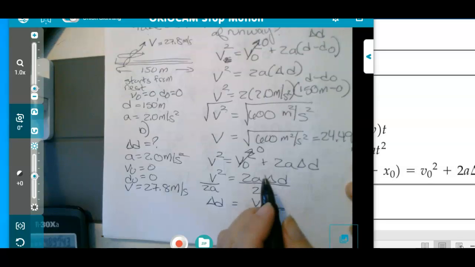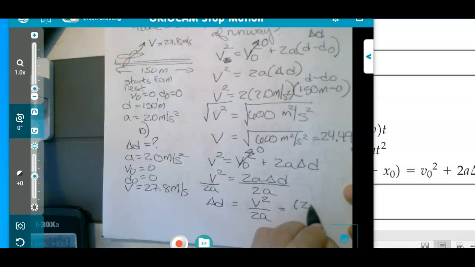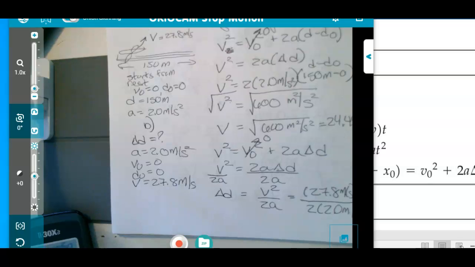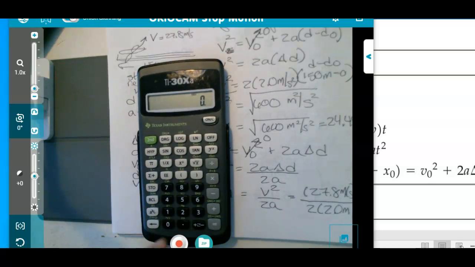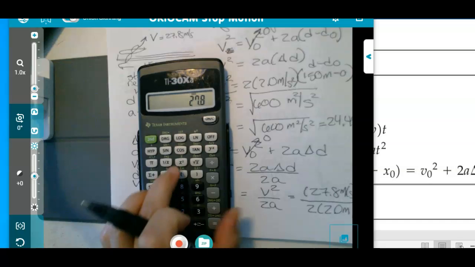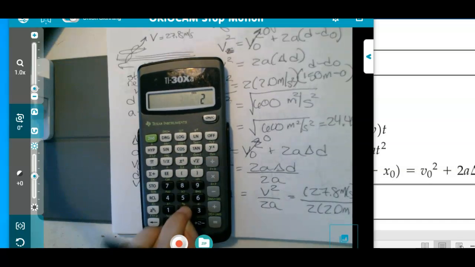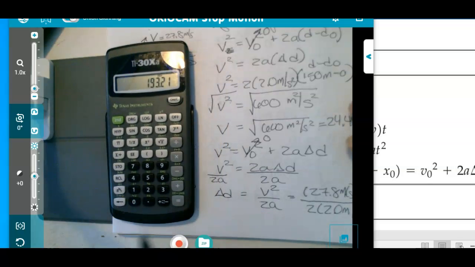And so you're going to have 27.8 meters per second squared divided by 2 times the 2 meters per second squared. Still see that? And I've got to hurry up and do this. So I got 27.8, I'm going to square it, and then I'm going to divide by 2, and divide by another 2. So I'm getting the delta d is 190.